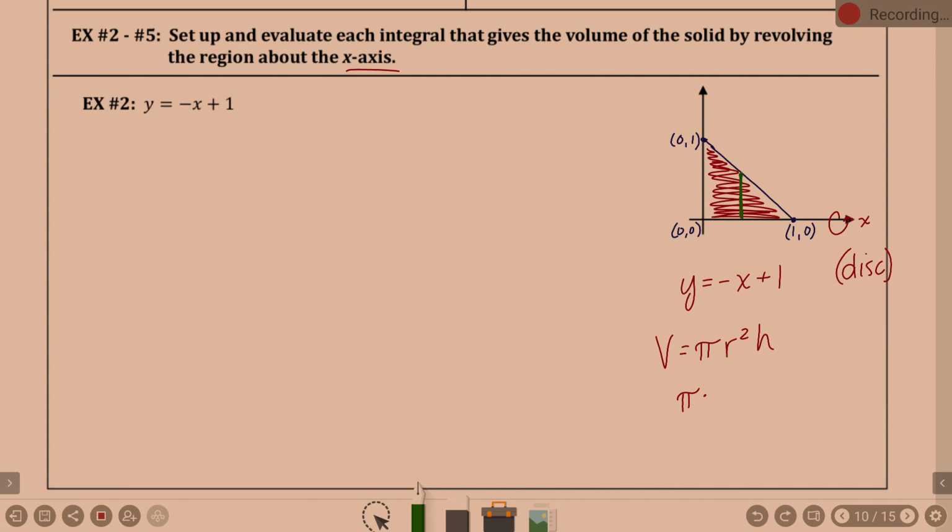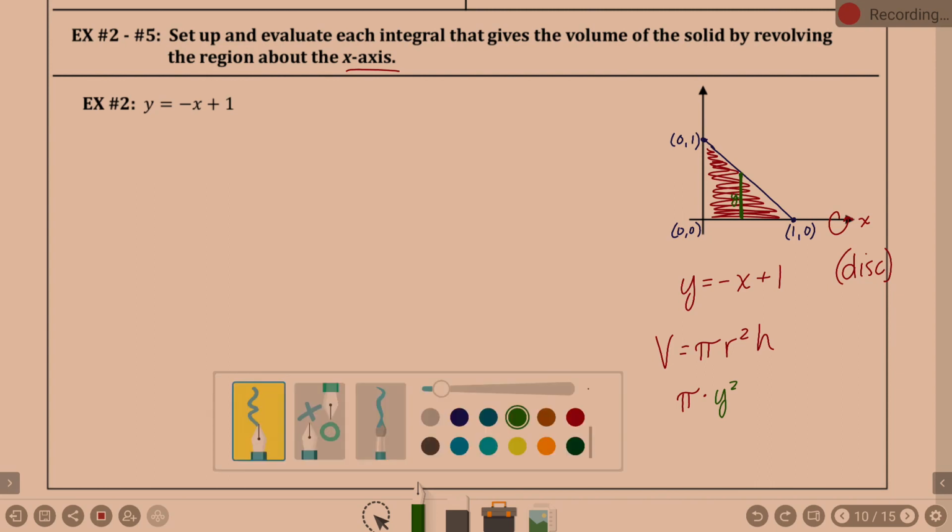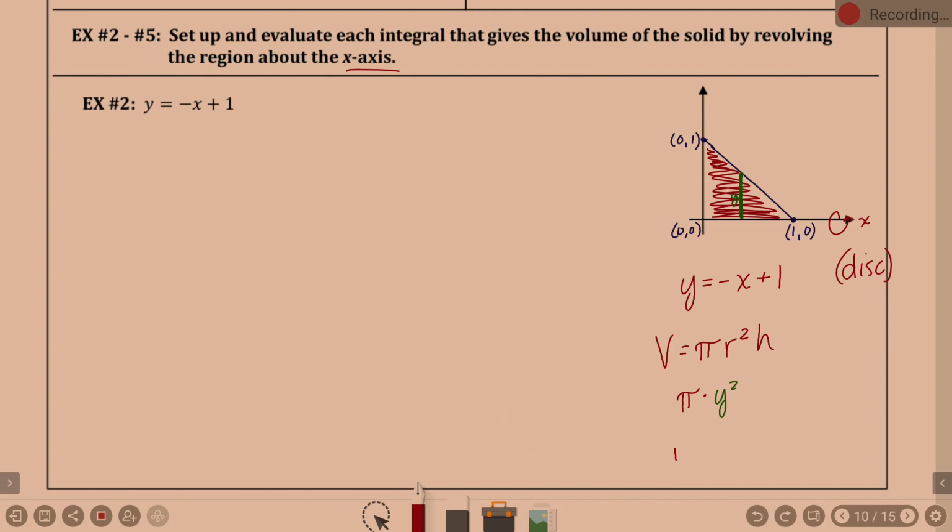This rectangle has a height of y, if you will. But what is y going to actually be equal to? We know y is negative x plus 1, yes? So it's going to be negative x plus 1 quantity squared, because we're going to be working in terms of x.